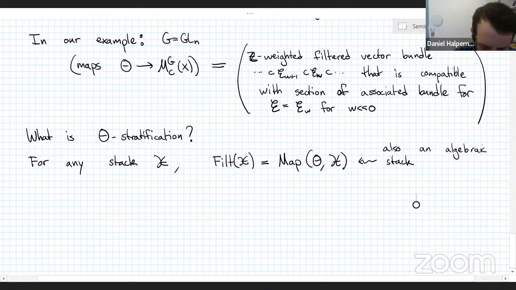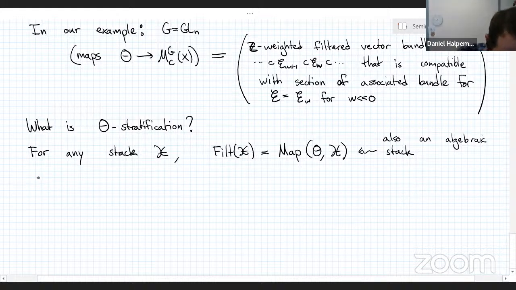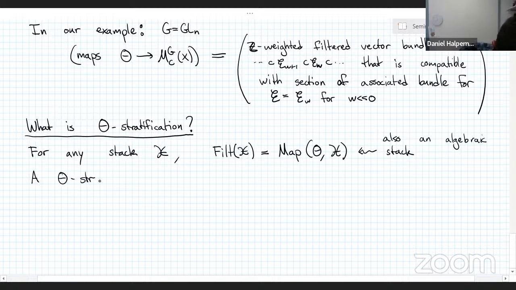And a theta stratification is given by an open substack.